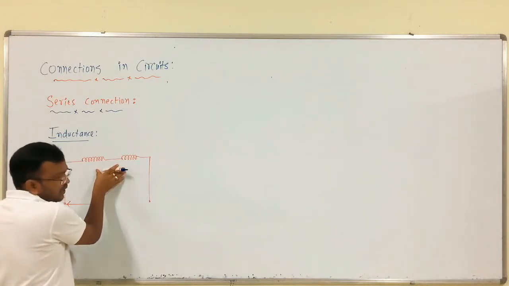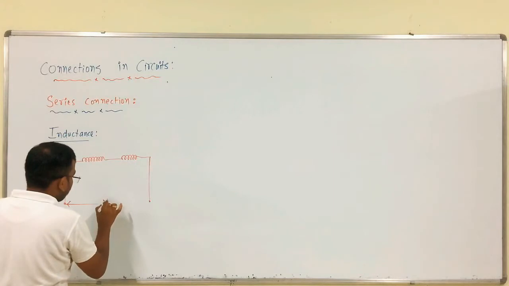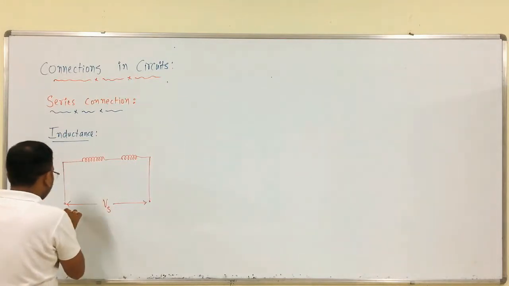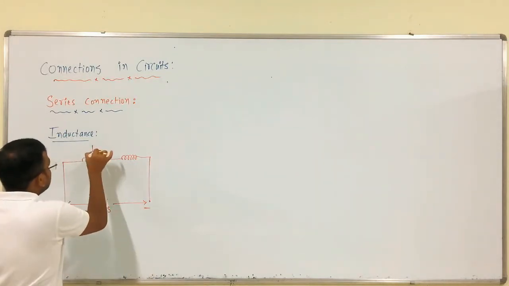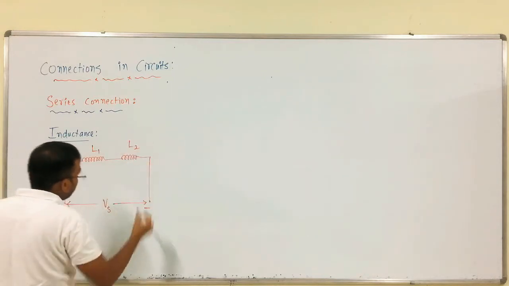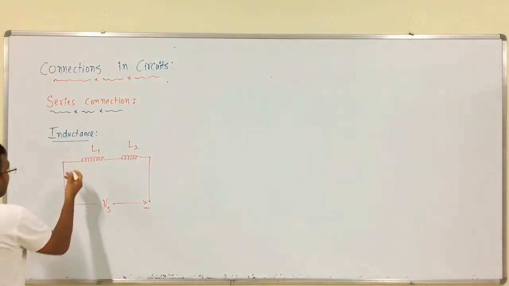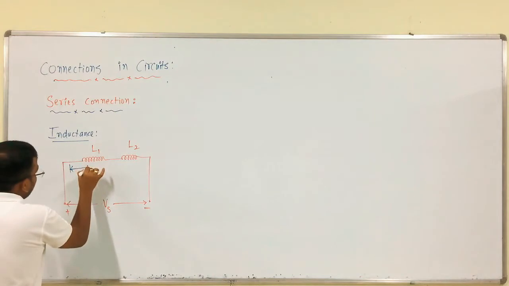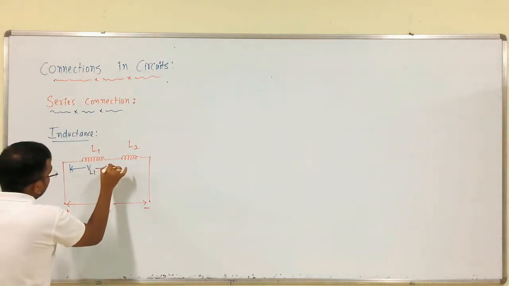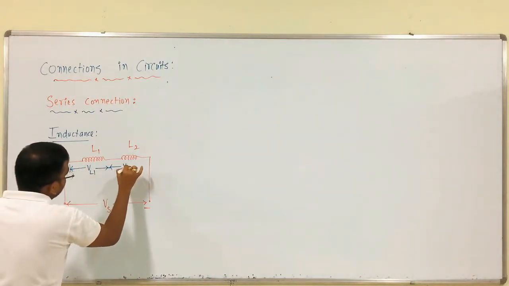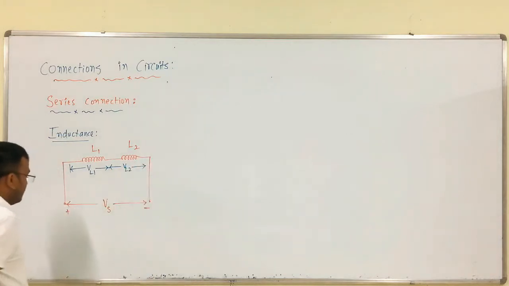So, this is the supply voltage, plus minus, this is L1, this is L2. The voltage across L1 is VL1, and across L2 is VL2.